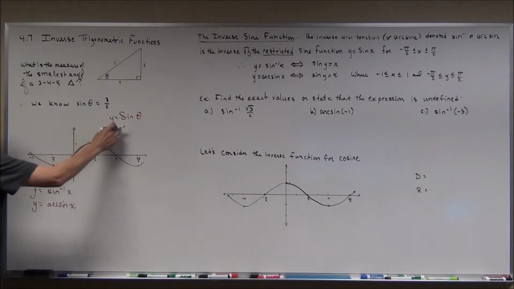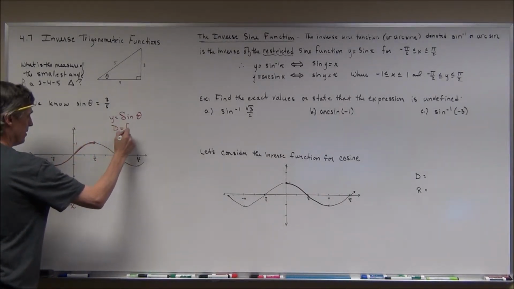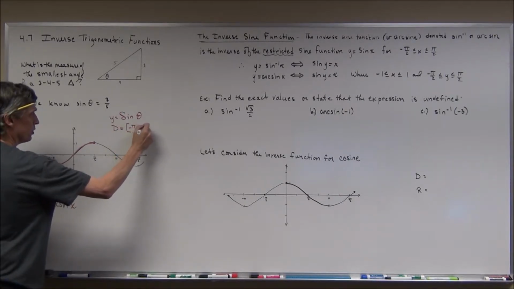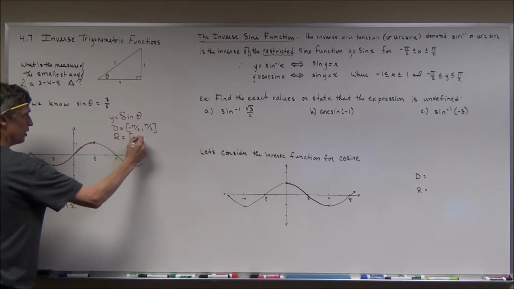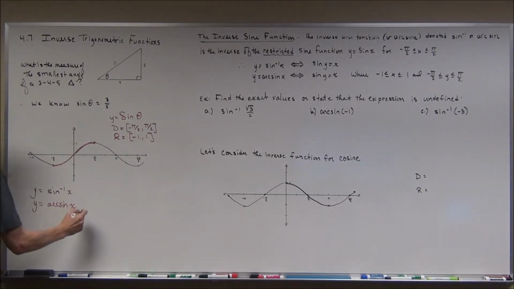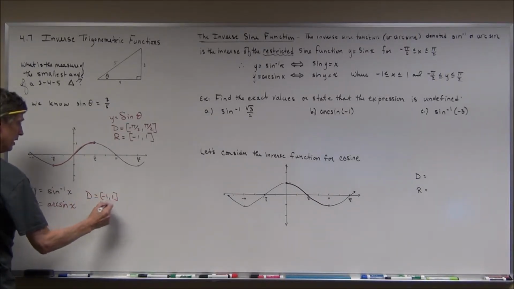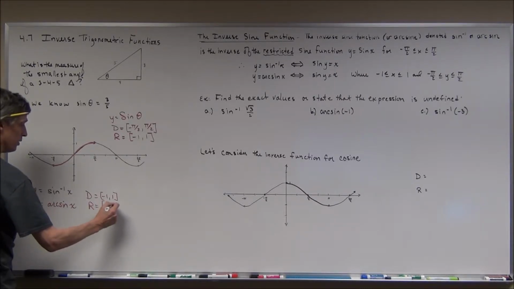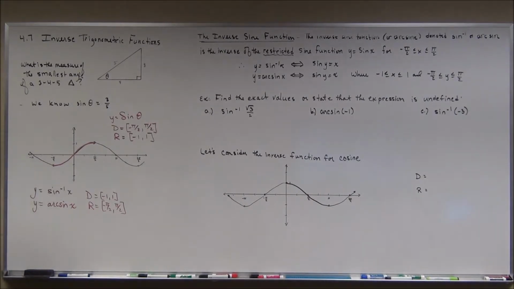For this one, my domain is from negative pi over 2 to pi over 2 inclusive. My range is from -1 to 1. For the inverse, it switches. My domain is from -1 to 1, and my range is from negative pi over 2 to pi over 2 inclusive, or from -90 degrees to 90 degrees inclusive.